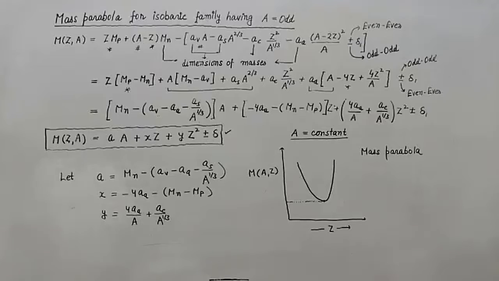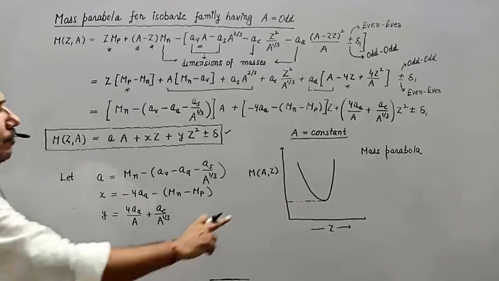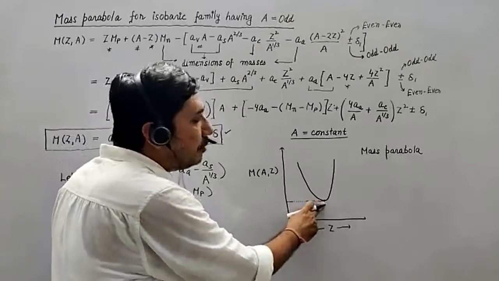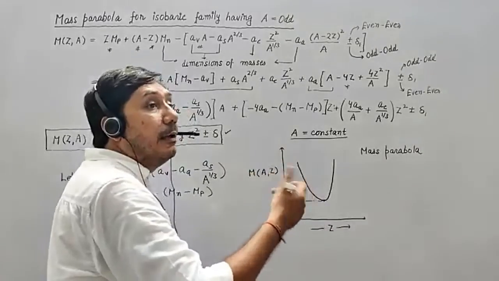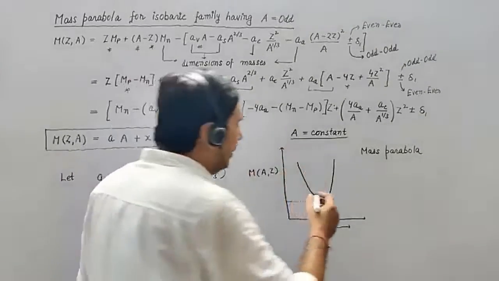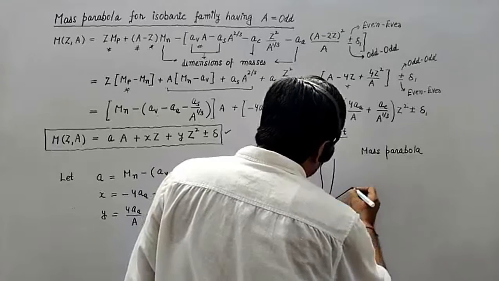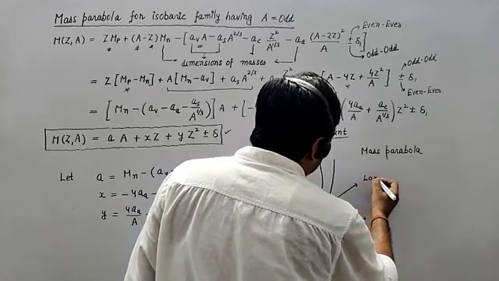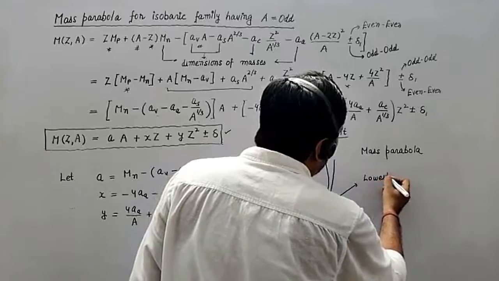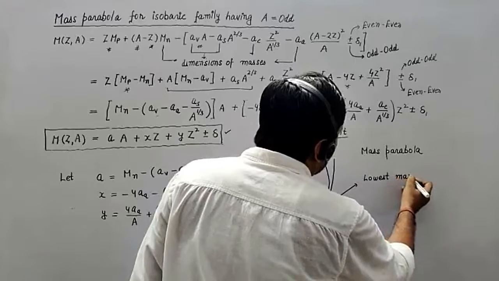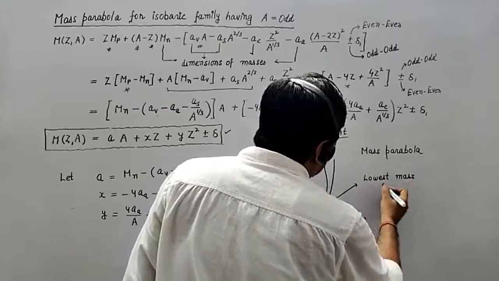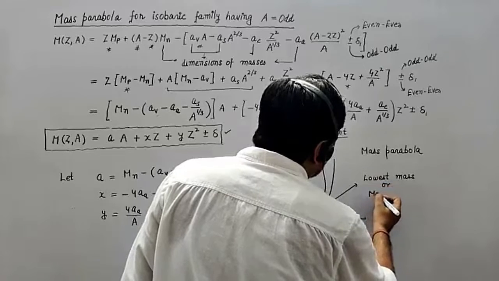What is the meaning of lowest mass? It means this nuclei will have maximum binding energy. So this nuclei represents lowest mass, or maximum binding energy.